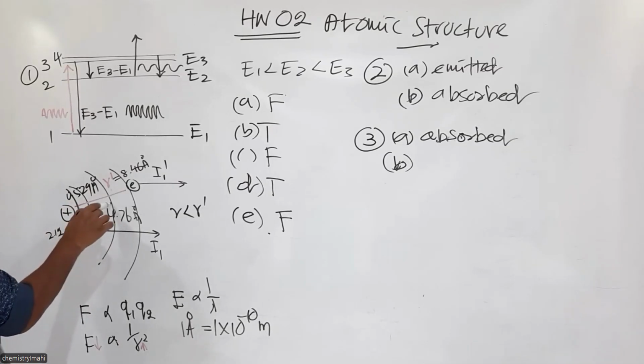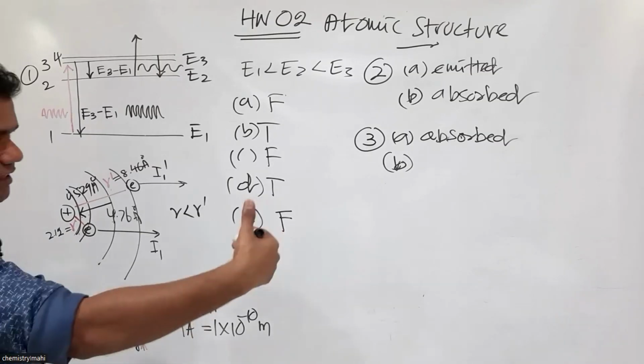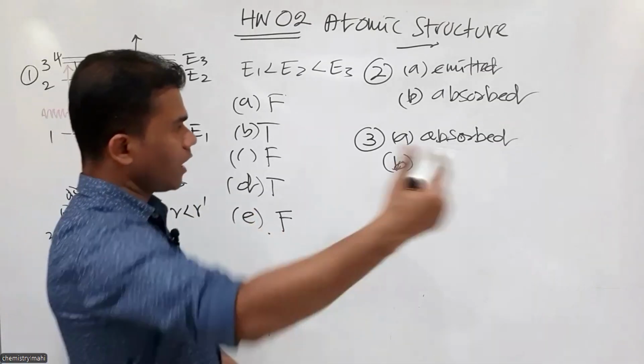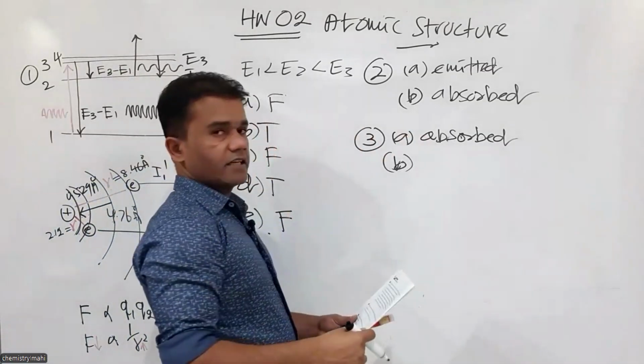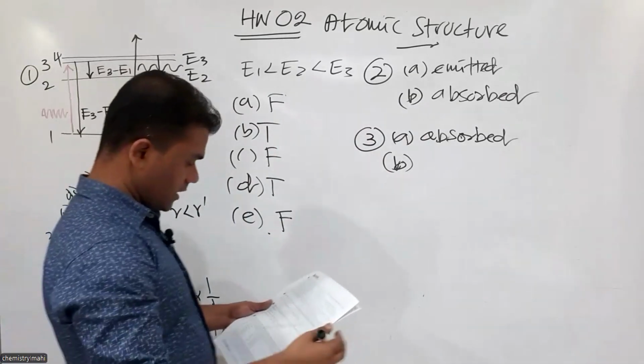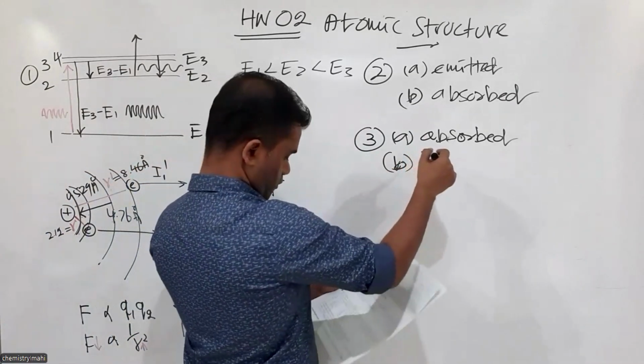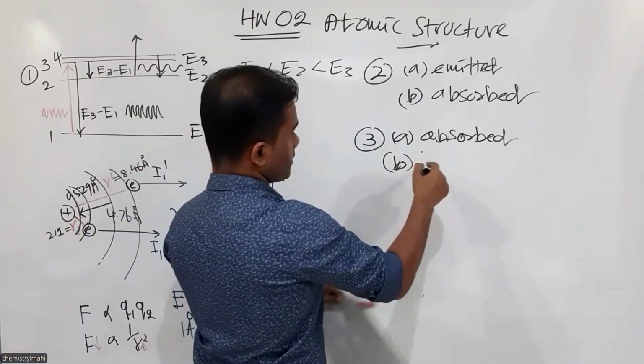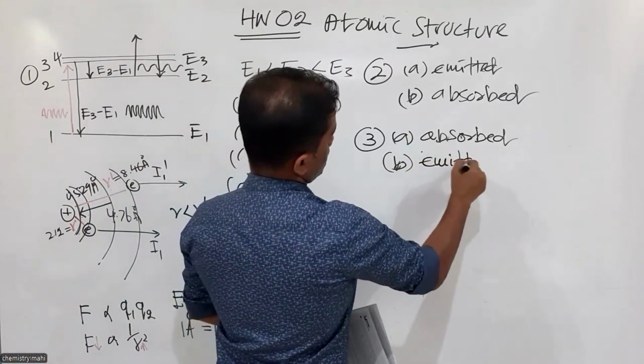That means the electron transmits from a higher energy level to a lower energy level, from the outer energy level to the inner energy level. Then what happens to the electron energy? Definitely the electron energy decreases, it is released. So B should be emitted. This says energy emitted. Yes, emitted.